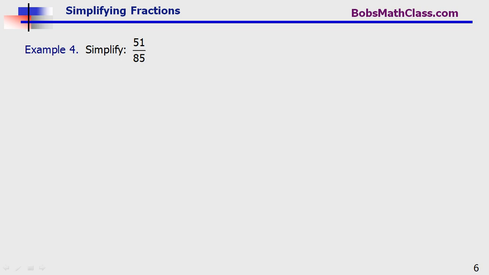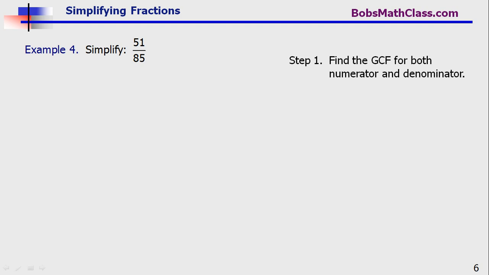Yeah, many people just leave this because they can't find a number that goes into evenly. But not you. What you're going to do is find the GCF by doing the prime factorization of each number. So let's see, 51, 5 plus 1 is 6, so 3 goes into it.